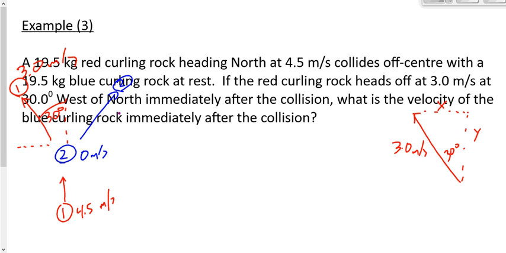Sine 30 degrees is equal to opposite over 3, which is 1.5. The Y component is the adjacent side. 3 times cosine 30 degrees is going to be 2.59808.